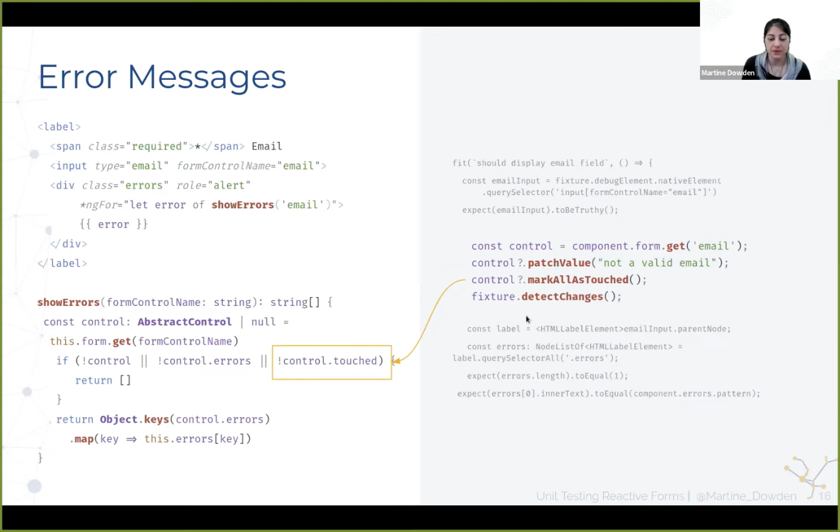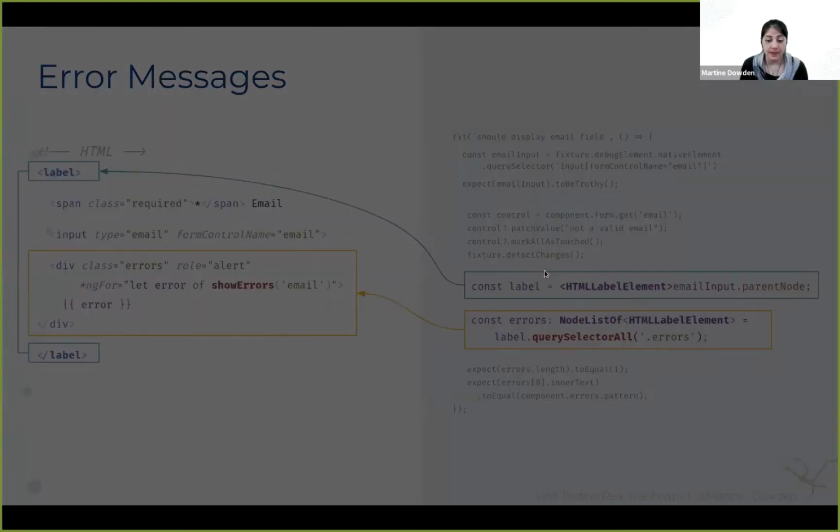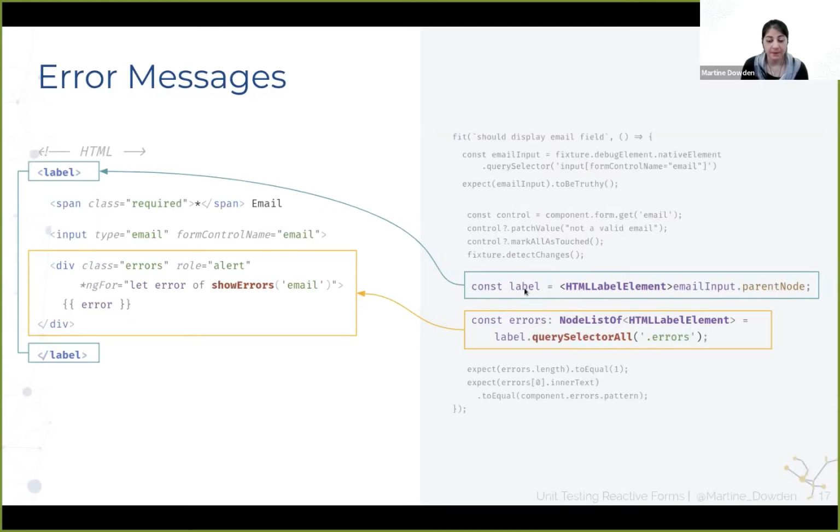So with this part, which is basically our scenario setup, making sure that they show up, we can go find the error and make sure that it's displaying the error we want it to be displaying. In order to do that, we already found the email input by looking for control name email.